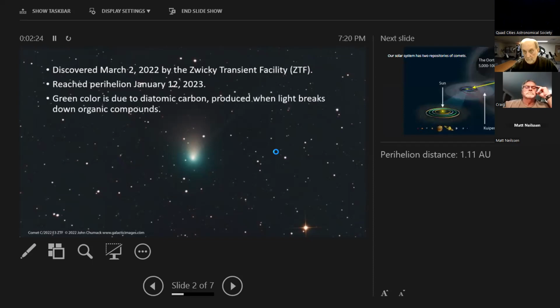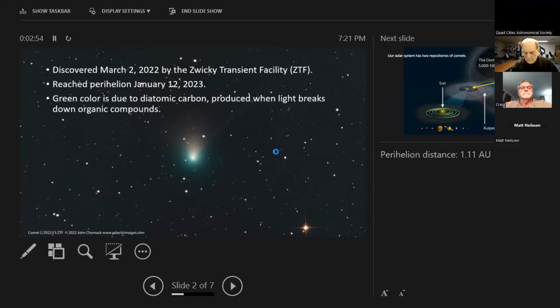As for why this comet is green, astronomers believe it's due to diatomic carbon, which is what you get when light photons break down more complex organic compounds, which are often found in comets. Yeah, they're full of carbon compounds. In fact, many astronomers think that comet impacts early in Earth's history might have helped seed the Earth with some of the ingredients necessary for life to emerge.